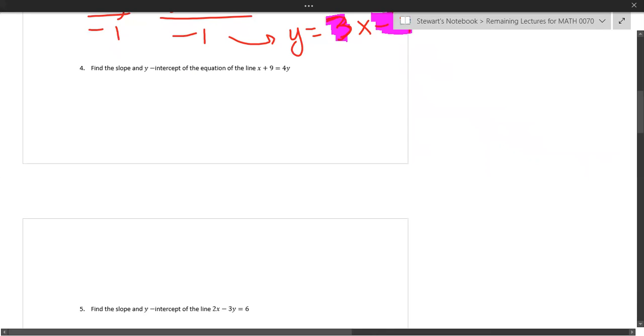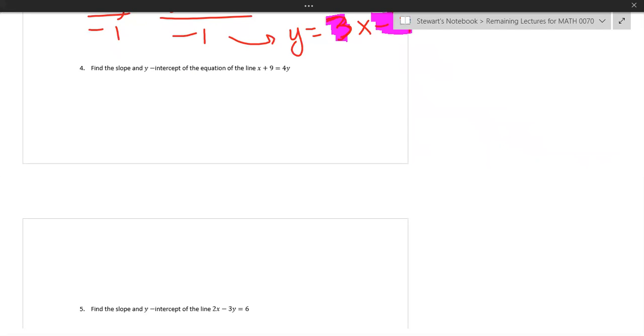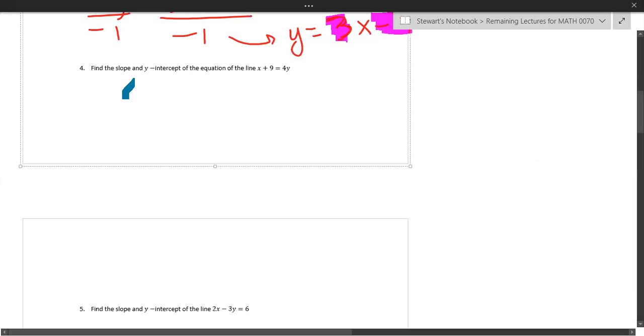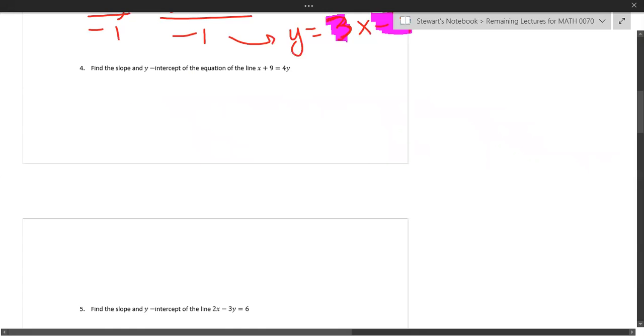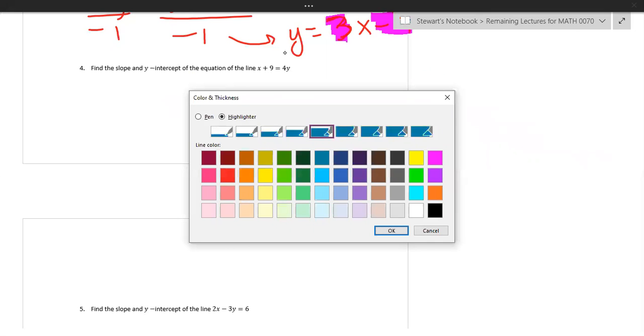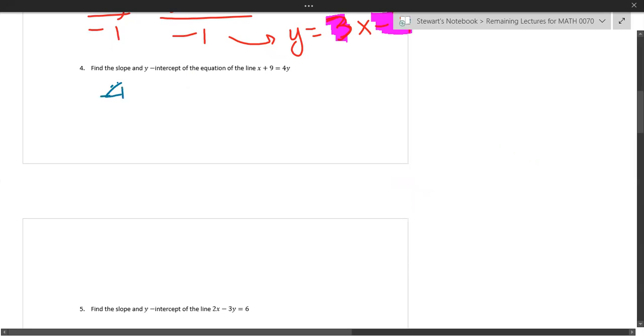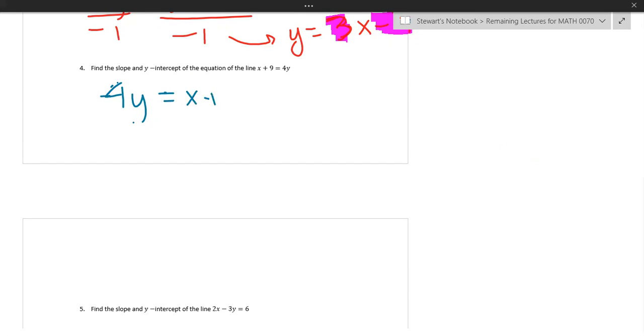So same type of thing here. We want to find the y-intercept and slope of this equation, which I'm going to just write. Oh, that's a highlighter. Still, it's not in the proper format here. Okay, so I'm going to write this as 4y is equal to x plus 9. This is almost there.